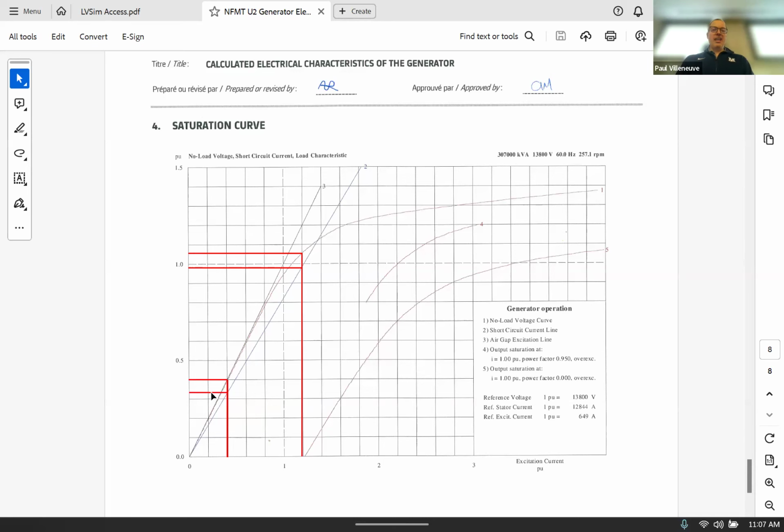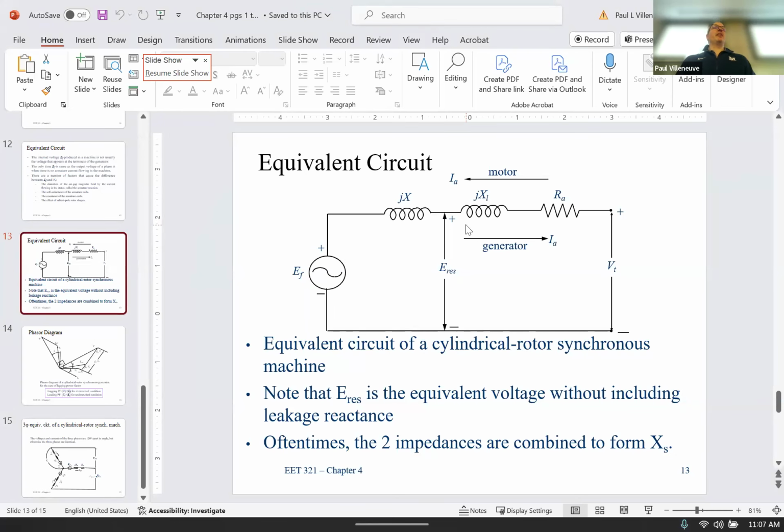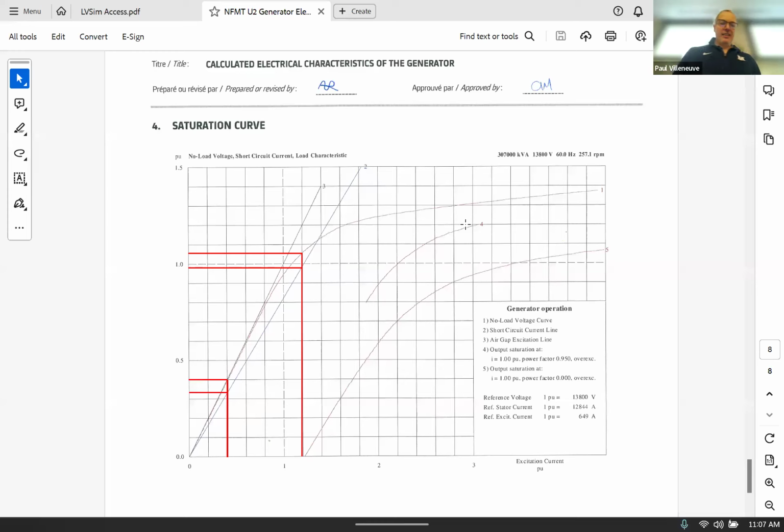The way that we calculate this internal impedance is at a value of I sub EXC. If you look over here at this level of excitation, I get a point on my short circuit characteristic. That gives me a current.